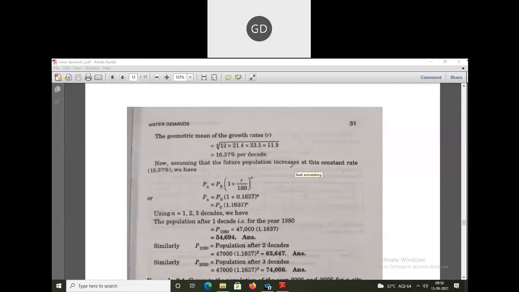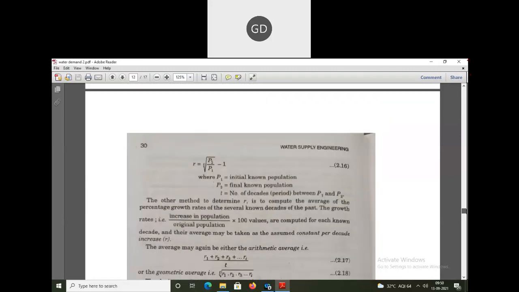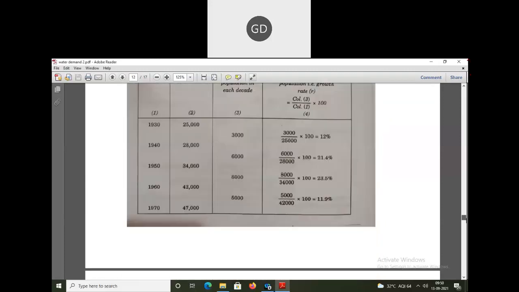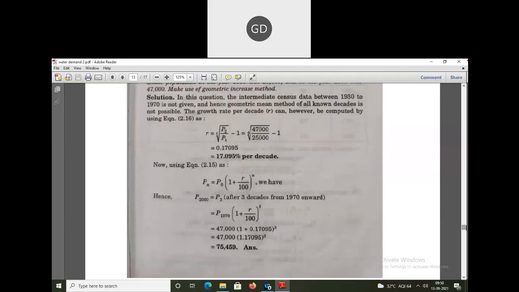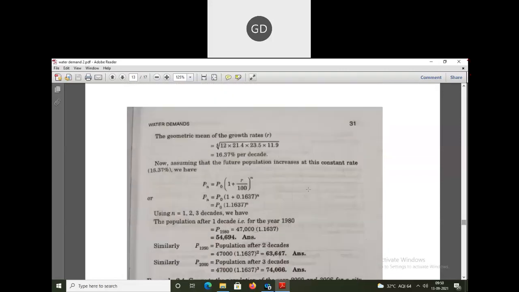In the formula it was t, so it was t-th root of R1, R2, R3, R4, like that.